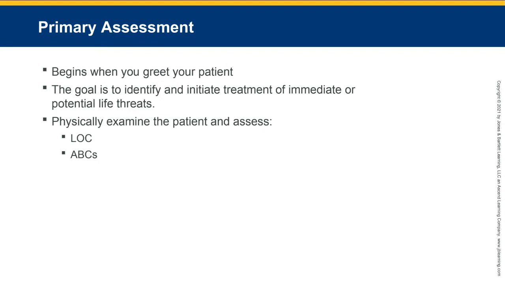That's very concerning. So your main goal in your primary assessment is to assess one brain, two lungs, one heart. If you have not done that, you have not covered your life threats. That is your goal in an emergency.